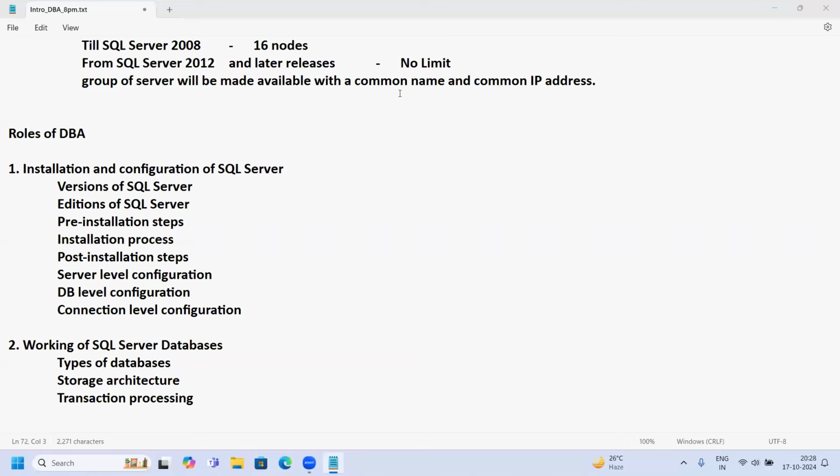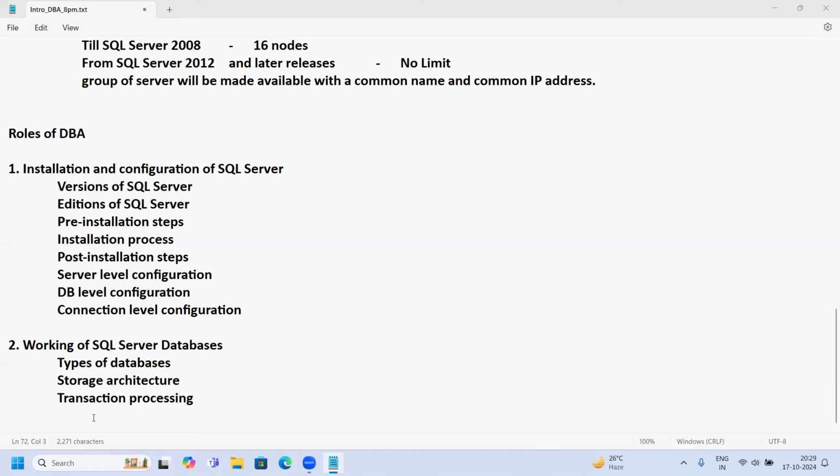Shatrughan, am I audible to you? Confirm once through chat panel, please. Anyway, he left the session.